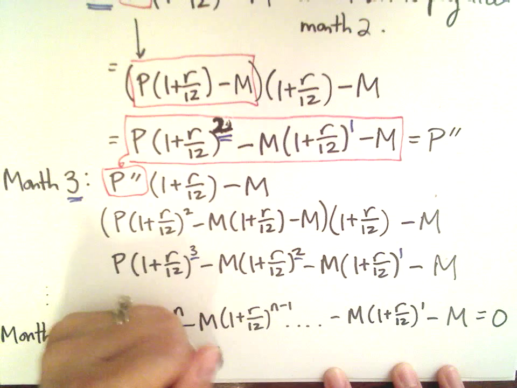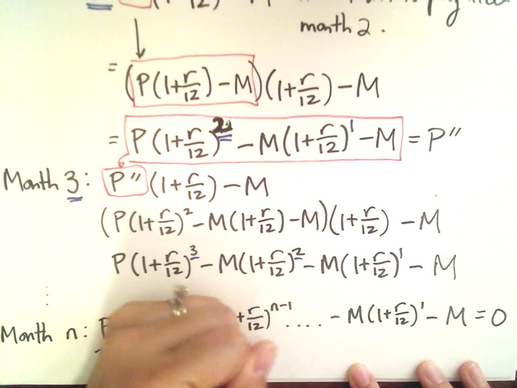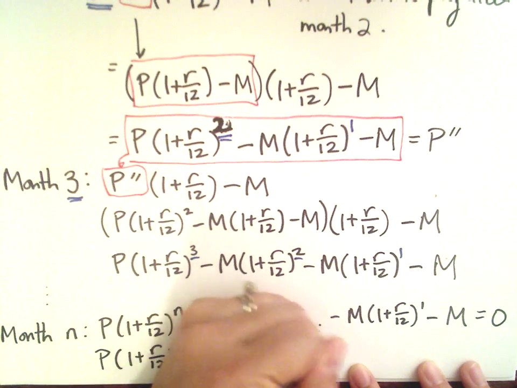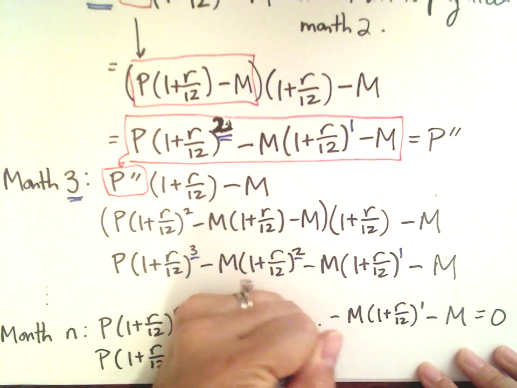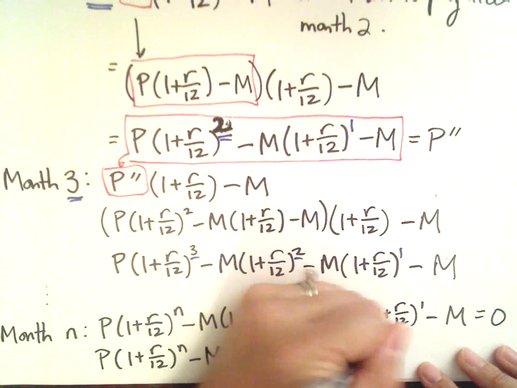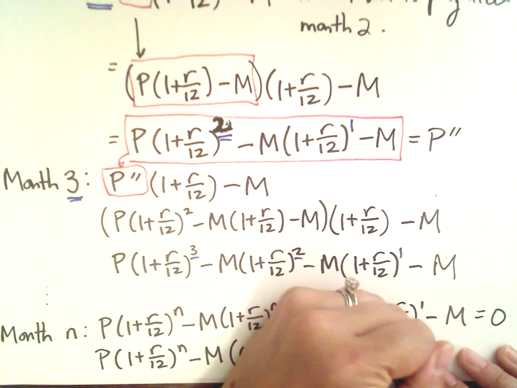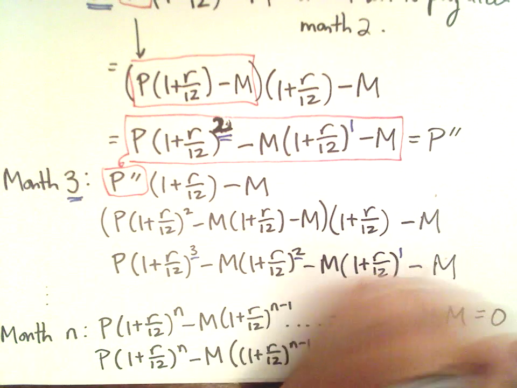So here's a minus m, and we can factor it out of all of this right here. So 1 plus r over 12 to the n minus 1. And then notice, since we factored out a minus 1, plus dot dot dot, plus 1 plus r over 12 plus 1 is equal to 0.